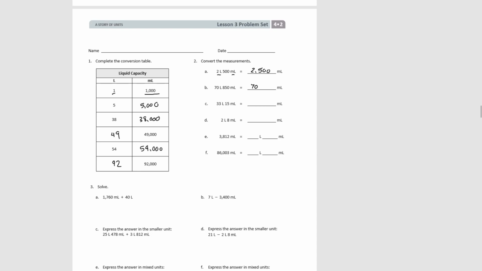B would be 70,850 milliliters. C would be 33,015 milliliters. D would be 2,008 milliliters. E would be 3 liters, 812 milliliters. And F would be 86 liters, 3 milliliters.